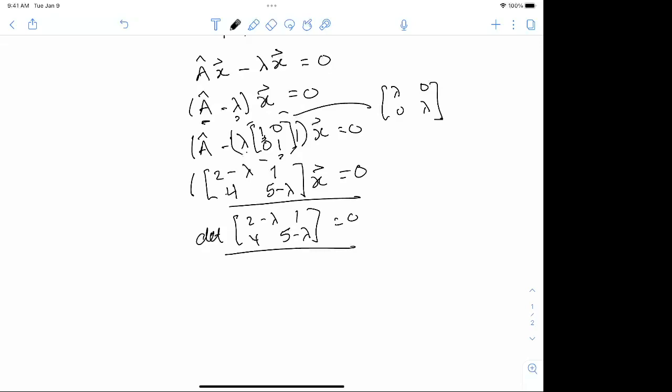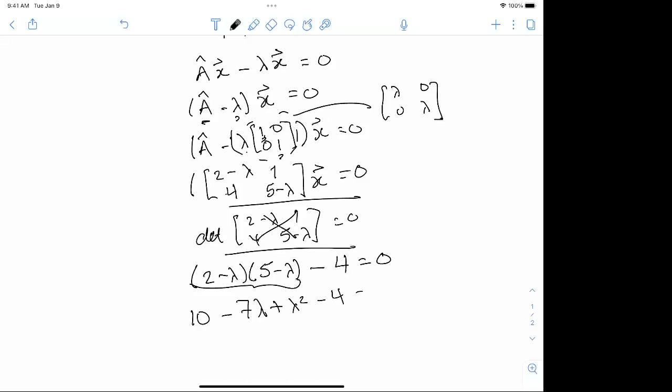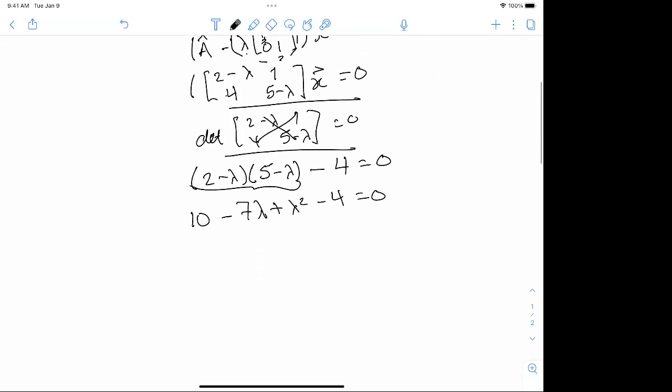How do we solve the determinant? We multiply these two terms and we subtract these two terms. So I get 2 minus lambda times 5 minus lambda minus 4 equals 0. Now I just got a little FOIL action here. 10 minus 7 lambda plus lambda squared minus 4 equals 0.